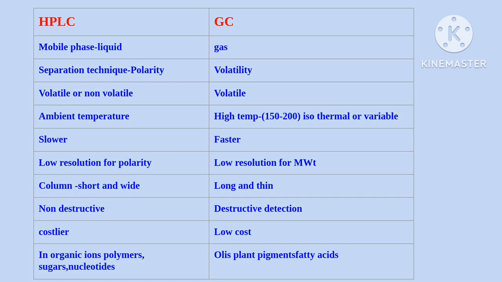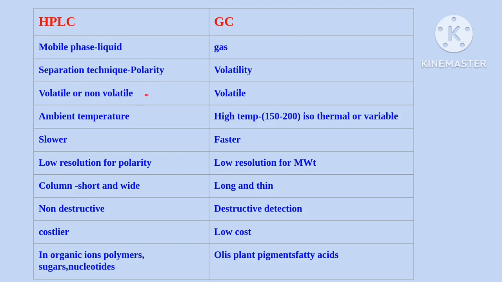However, in GC, separation occurs based on the respective volatility of each compound in the sample. Less volatile molecules move slower as they interact with the stationary phase more, while more volatile molecules move faster through the column with the mobile phase.